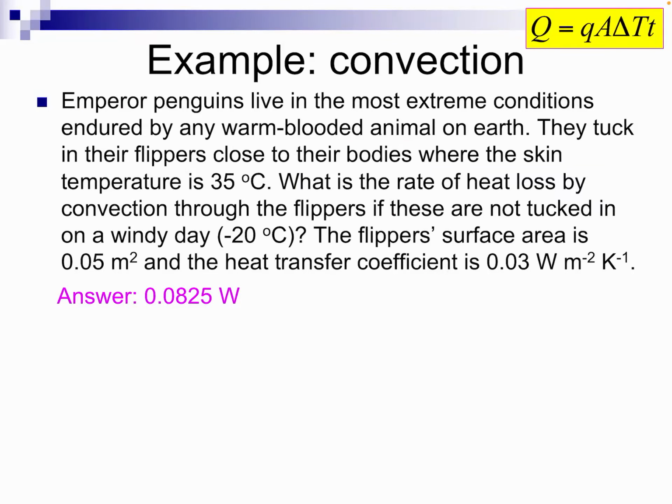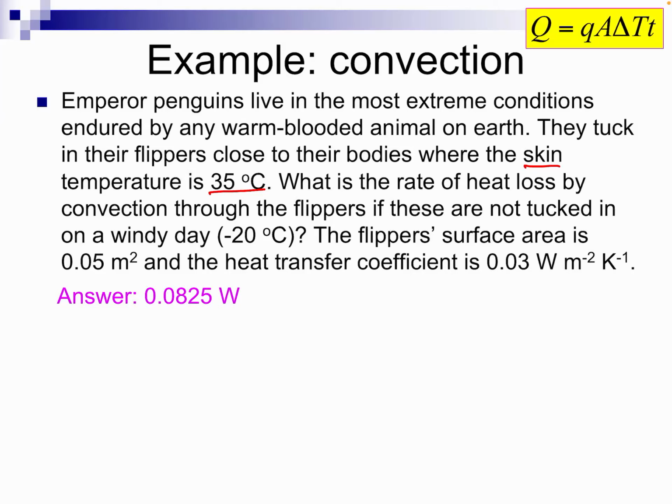So let's look at this example. Emperor penguins live in Antarctica, very, very cold, extreme conditions. They usually tuck their flippers close to their bodies, where the temperature of their skin is 35 degrees Celsius. And they tuck their flippers to avoid heat loss by wind blowing over the flippers.